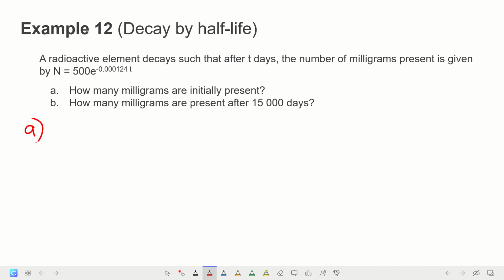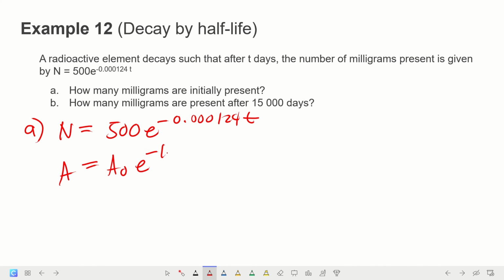For letter A, the equation is N is equal to 500 e raised to negative 0.000124 T. This is in the form of A is equal to A sub O times e raised to negative KT.